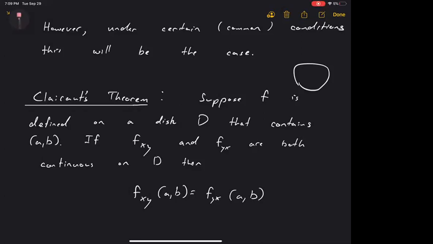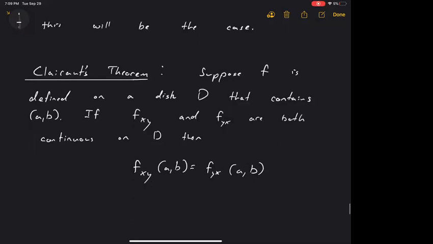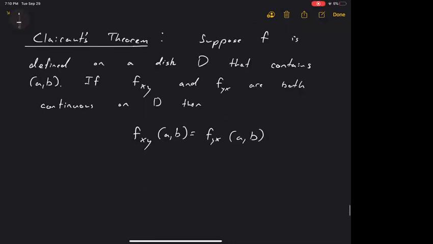Boundaries are always hard to work with, so we're just saying (a, b) is inside some nice interior. Suppose f is defined on a disk D that contains the point (a, b). If f sub xy and f sub yx are both continuous on D, then f sub xy at (a, b) is equal to f sub yx at (a, b).